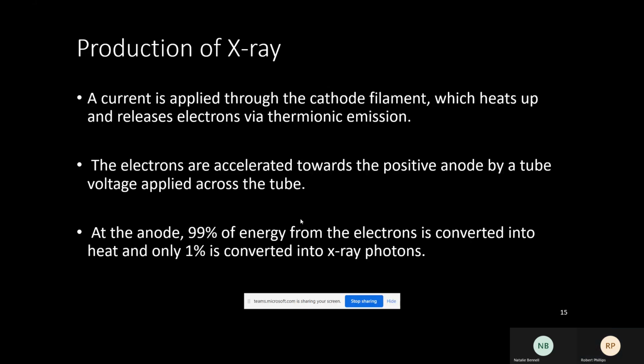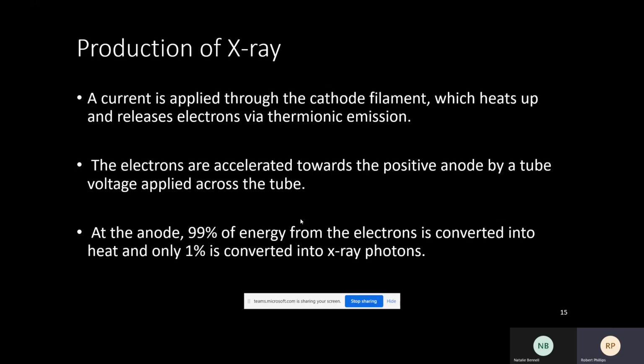If we want energetic, very strong X-ray photons, because we want to penetrate a thick body part or a prosthesis or an implant, then we need high energy X-ray photons. So we have to increase tube voltage. In diagnostic radiology, the tube voltage is usually from 30 kV to 140 kV.